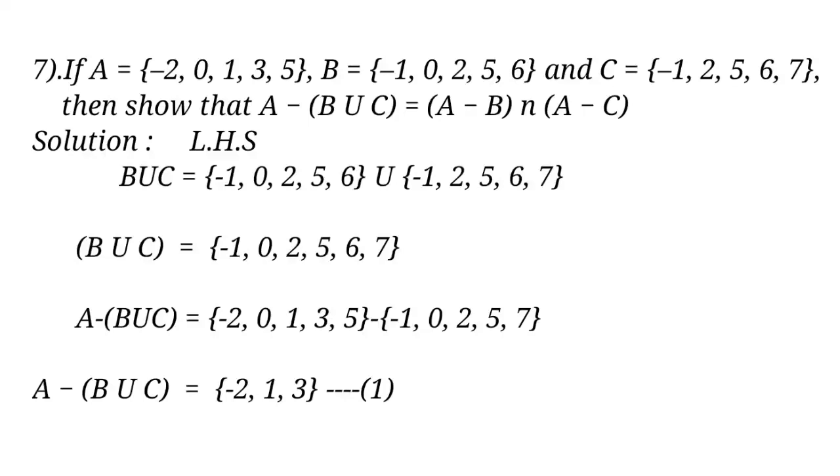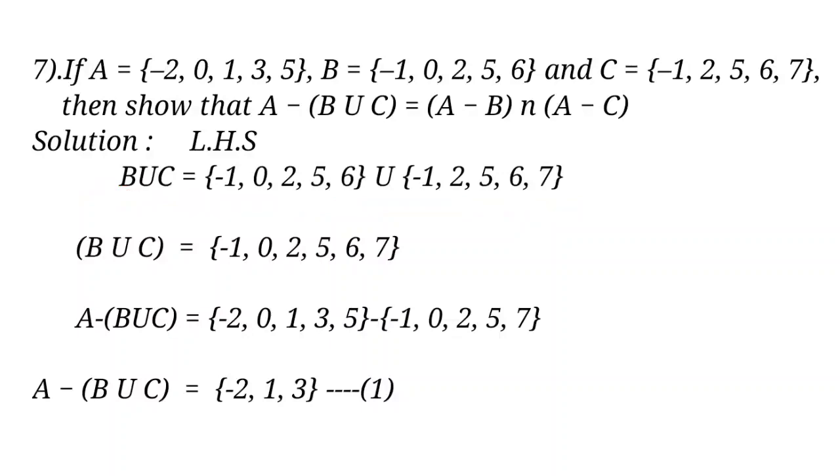Left hand side, A minus B union C. First we find inside of the bracket. Then B union C is equal to {-1, 0, 2, 5, 6} union {-1, 2, 5, 6, 7}.